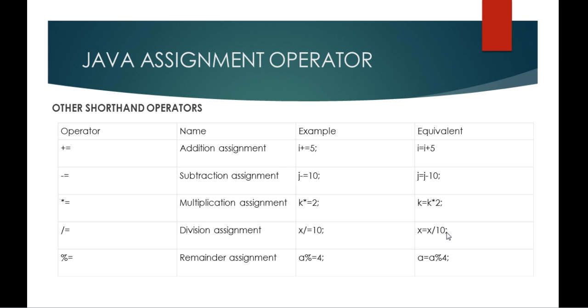Halimbawa, we had this 10 divided by 3, di ba? So, ano yung sobra doon sa dinivide natin will be the output. So, yung sobra niya is 1. So, the output of that modulus is 1. So, ang tawag po natin sa percent sign is modulus.